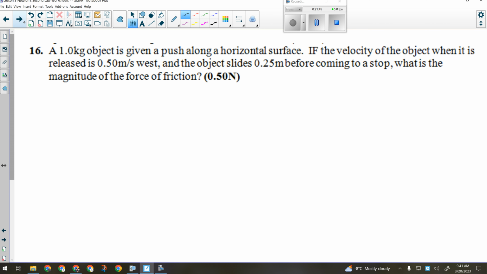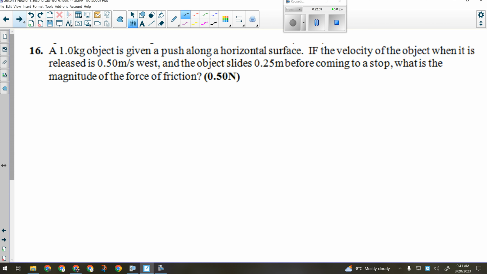As soon as it leaves my hand, it's slowing. And so that means only friction is acting on it, which does make friction the net force. Any situation where something is sliding to a stop, friction is the thing that's stopping it. If it's horizontal, friction is the net force because it's the only force that's acting on the object.